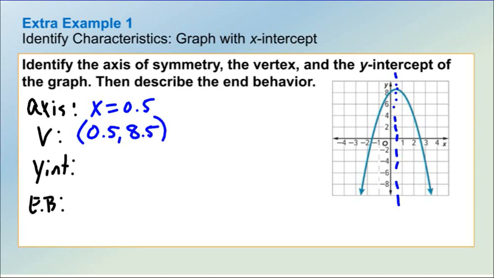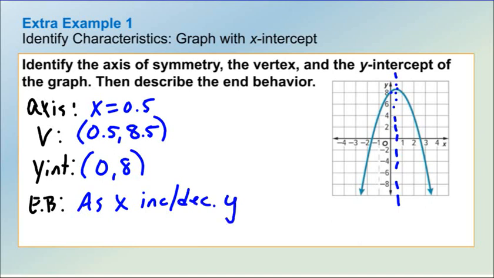The y-intercept is right here at 8, so this would be 0, 8, and it opens downward, so as x increases and decreases, our y decreases.